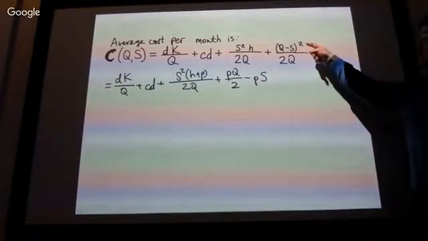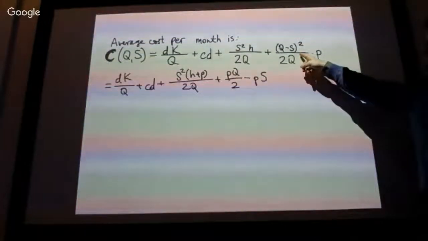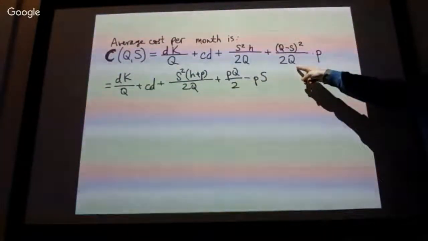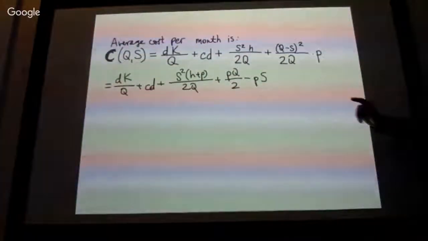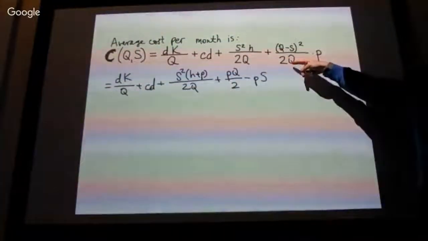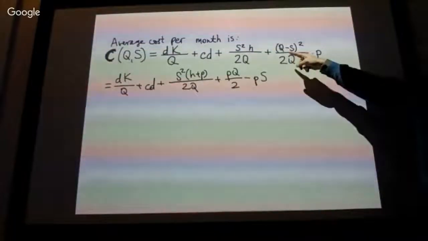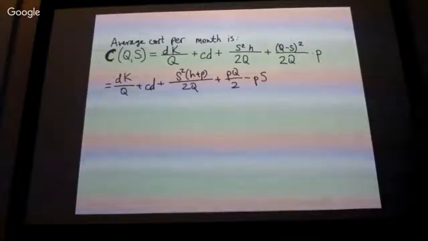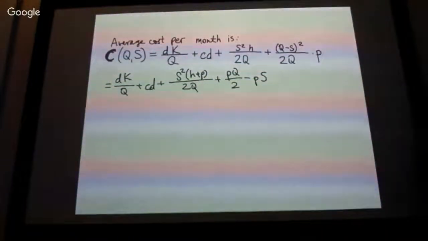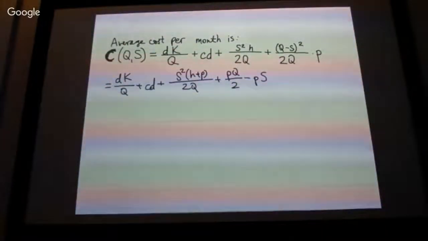Where it's S squared, you get S squared divided by 2Q times P, so that gets added to this. And where it's Q squared, it divides with the Q, so you get just Q over 2 times P, which is this. Okay. So this is a better format for actually doing the differentiation.